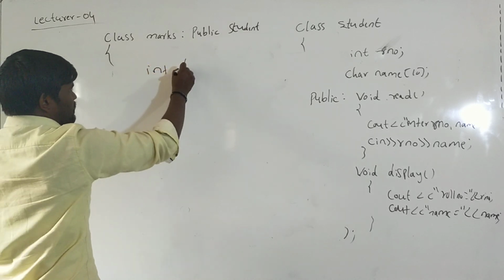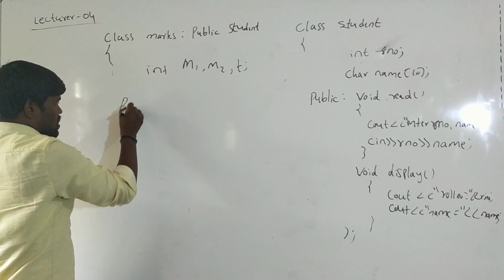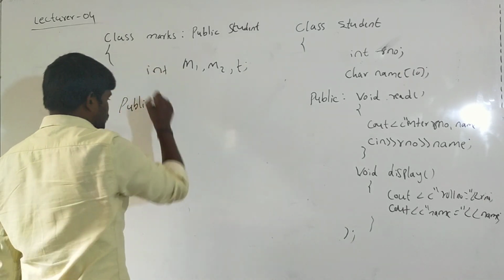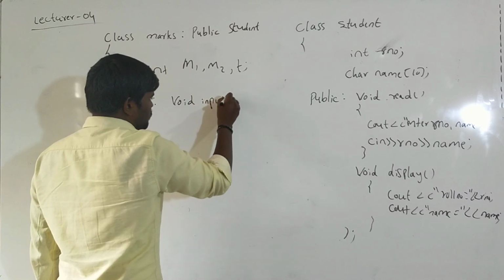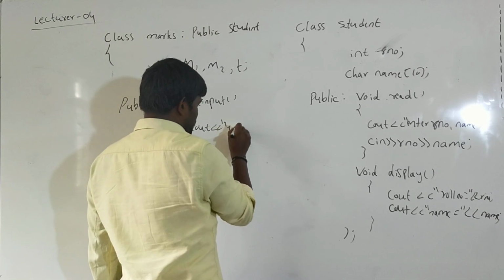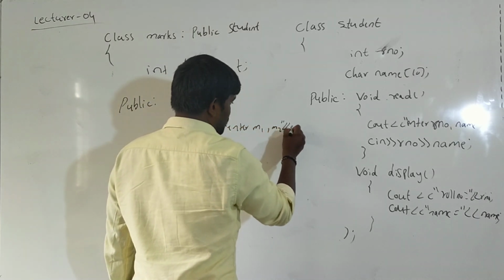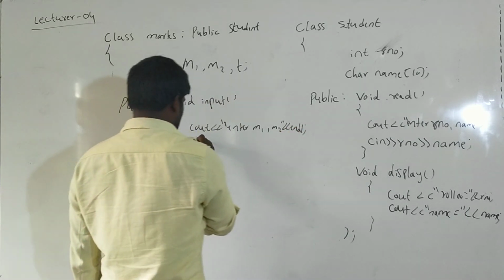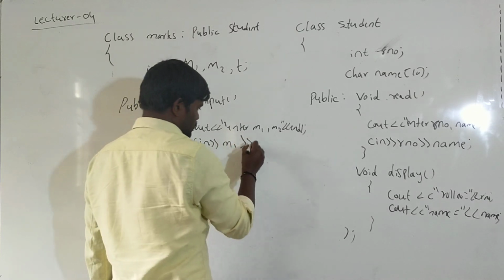In this I can mention m1, m2, total. In the public section, void input, cout enter m1, m2, and I can mention enter, or use m1.